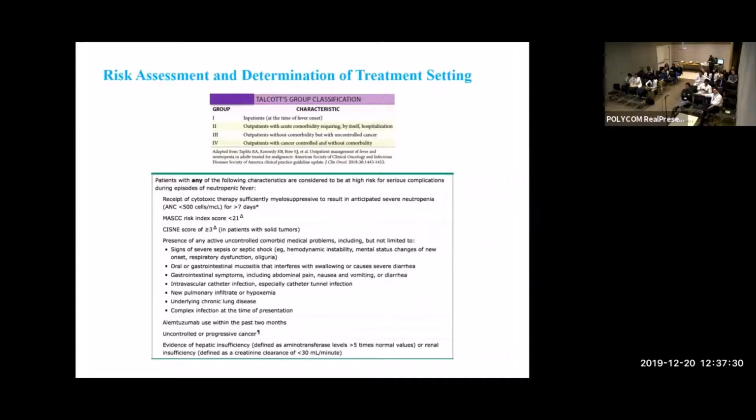And we will see later how the number of comorbid conditions that the patient has significantly impacts the mortality in these patients. And COPD is a big one. So if a patient has COPD, that's an indication that this patient is high risk. There are some immunologics, like alemtuzumab used within 2 months, that stratify the patients as high risk.